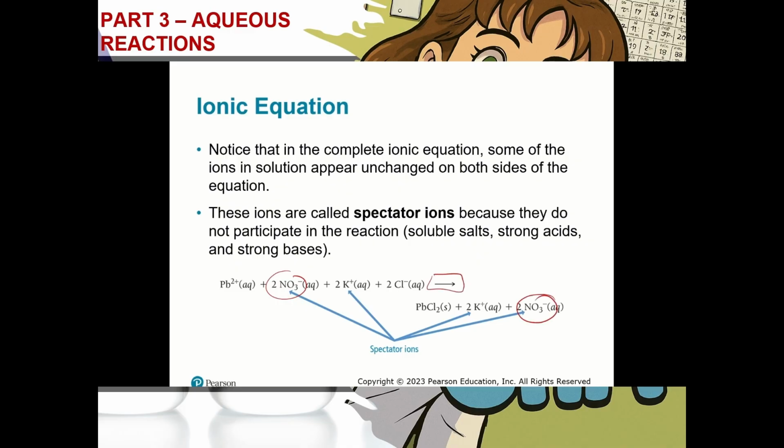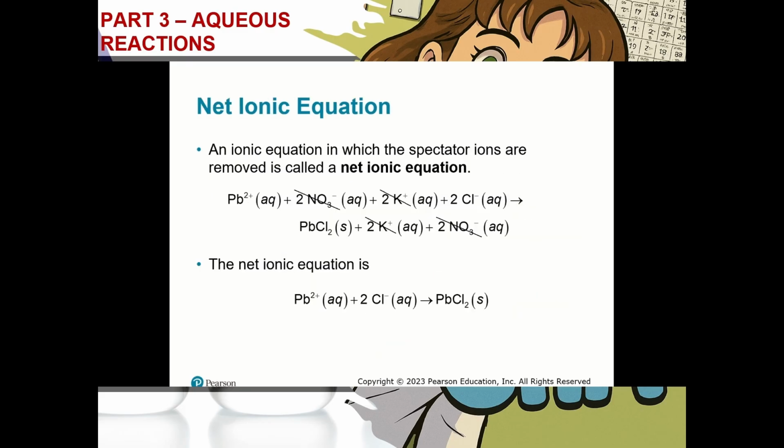So here I have the arrow that separates the reactants from the product. In the net ionic equation, we remove spectator ions and show only the species that change, like you see over here. So the only ions that stay will be the ones that are not repeating on both sides of the reaction.